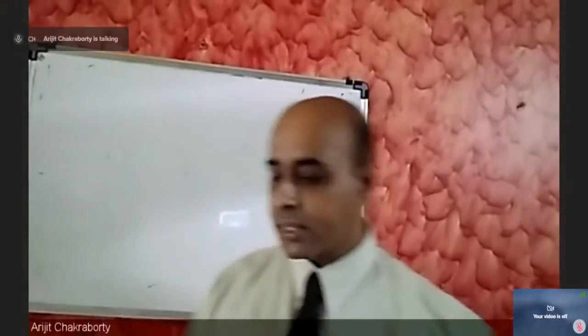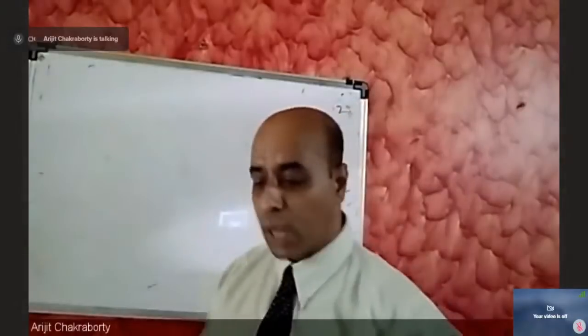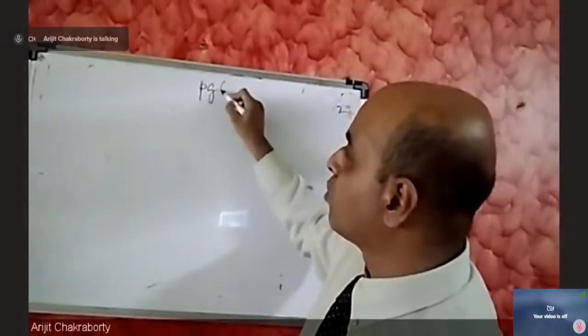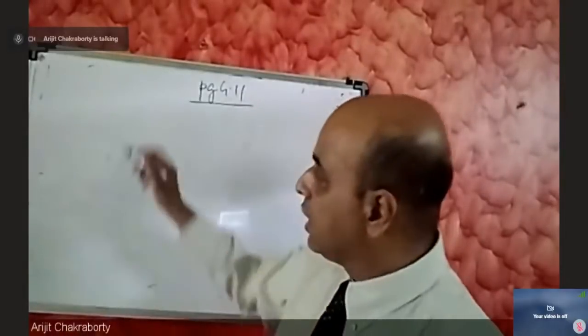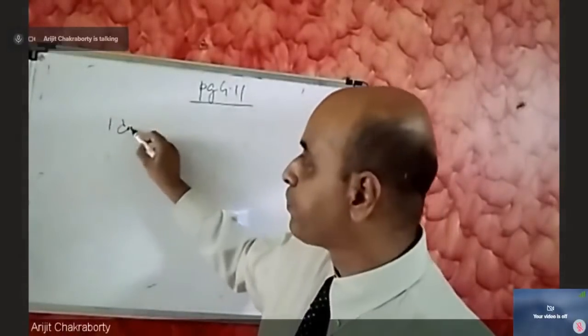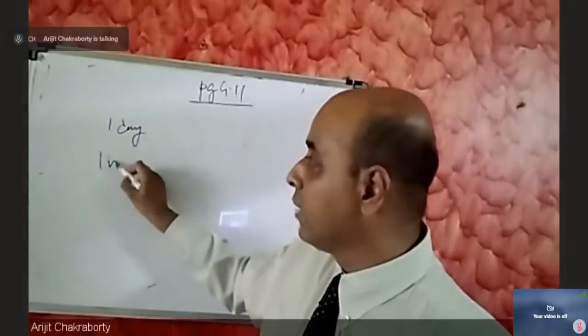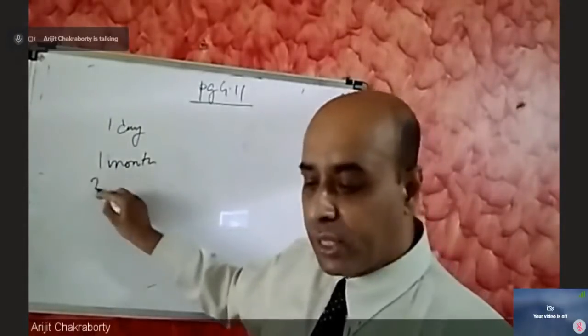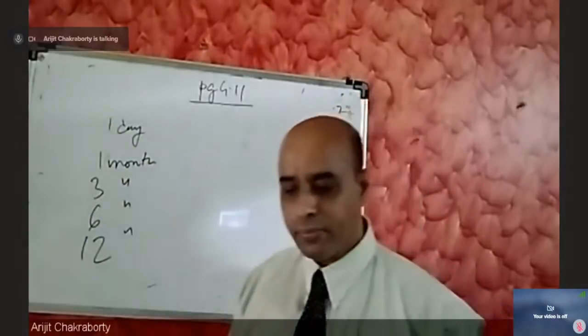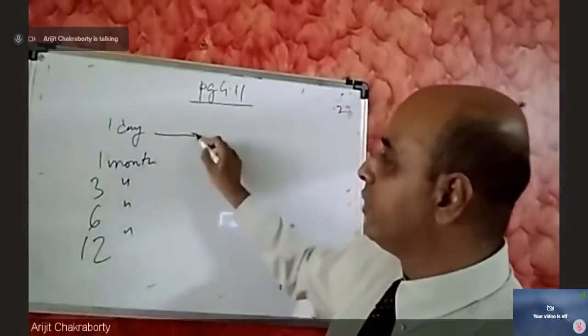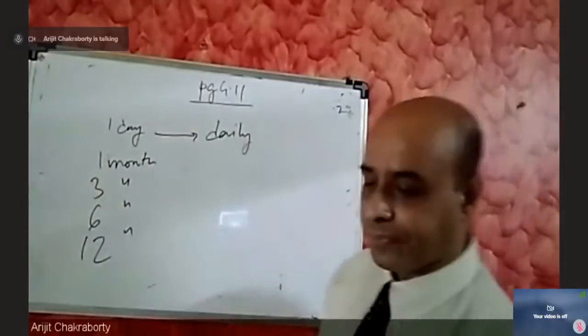You will see that they have given the compounding chart. On page 4.11, the conversion period is given. It can be 1 day, it can be 1 month, it can be 3 months, it can be 6 months, it can be 12 months. When it is 1 day, we call it daily compounding.